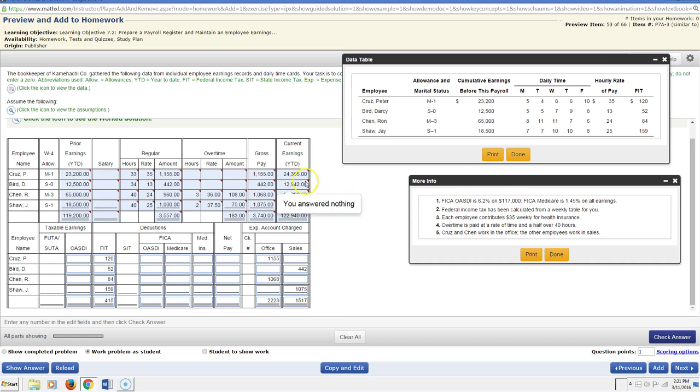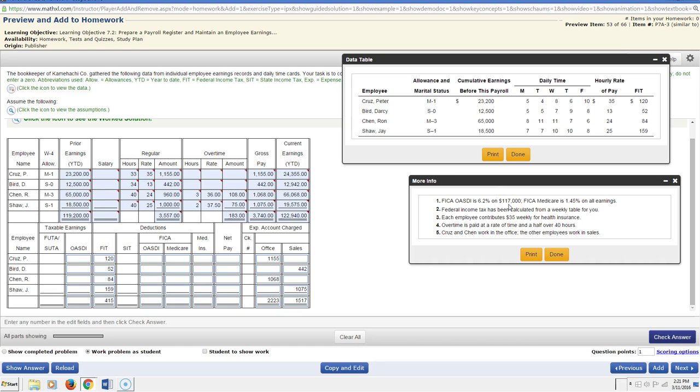So that's why we keep accumulations on prior earnings, because once anybody goes over that 117 cap, then the cutoff point is at that 117, and the payroll system will no longer deduct the 6.2.